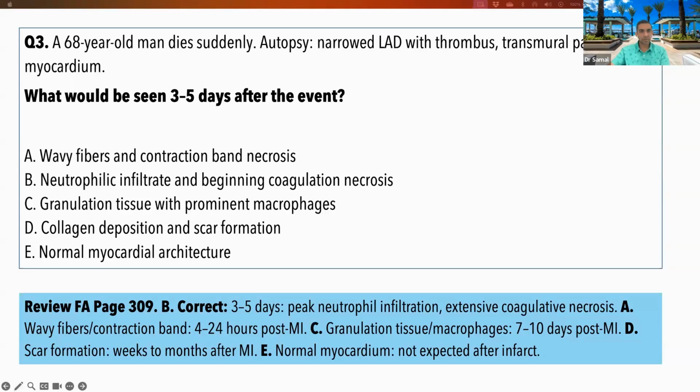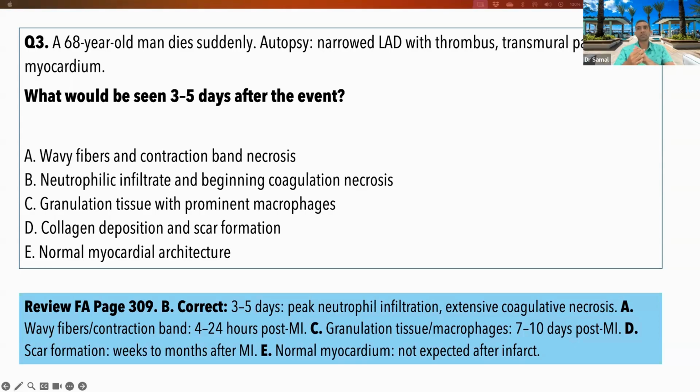Somebody's asking me a question. Thrombus without the pale area. No, the reason for death is MI. So whenever there is a thrombus which has blocked the artery and it has led to MI, the muscles are dead. MI, infarction means necrosis.